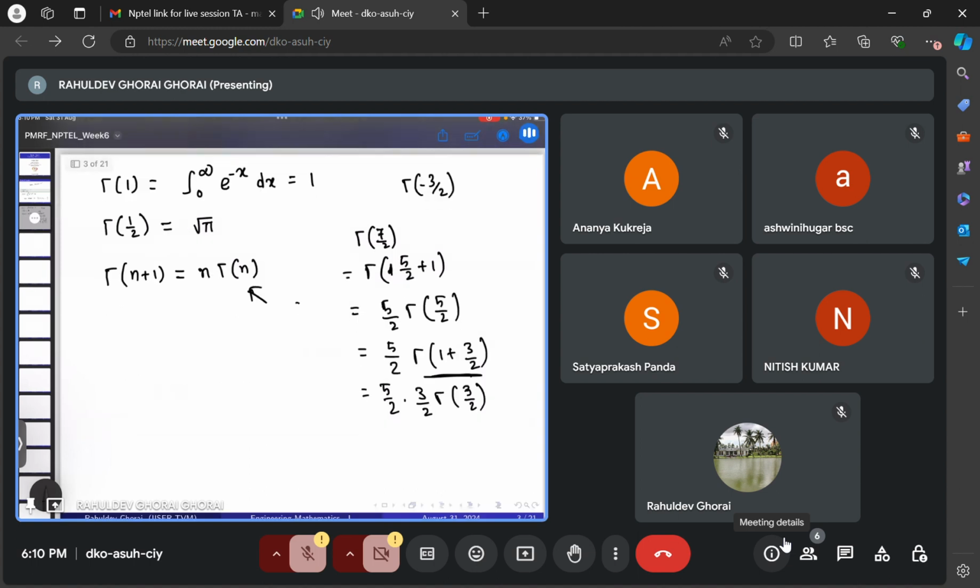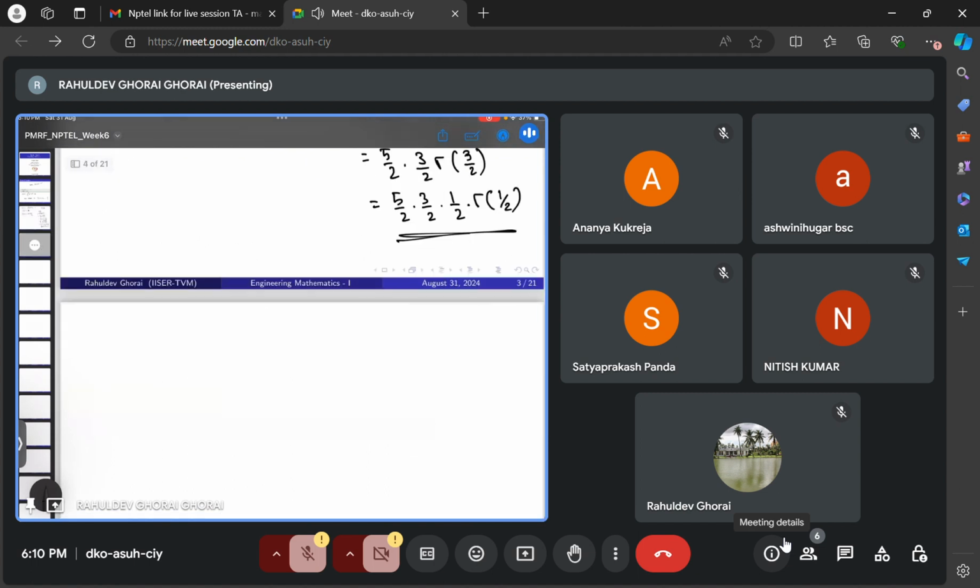Again you write 3 over 2 as 1 plus half, and then you get 5 over 2 times 3 over 2 times 1 over 2 times gamma half, which is square root of pi. So the answer for gamma 7 over 2 is 15 by 8 times gamma half, I mean square root of pi.